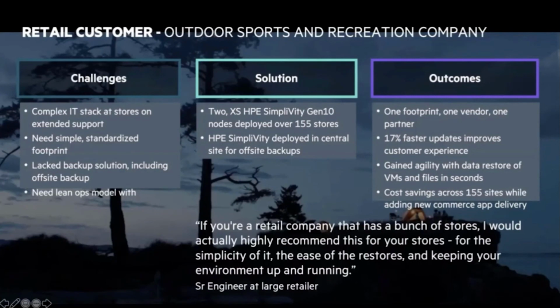So great customer success story for how they are leveraging an edge optimized infrastructure through HP Simplicity and benefiting from all the key capabilities that we provide, starting from our hyper efficiency, wherein we dedupe, compress, and optimize data at inception. And then we leverage the same deduped data for our integrated data protection features, providing an infrastructure that is easy to manage and maintain, but also powered by the intelligence provided by HP InfoSight.